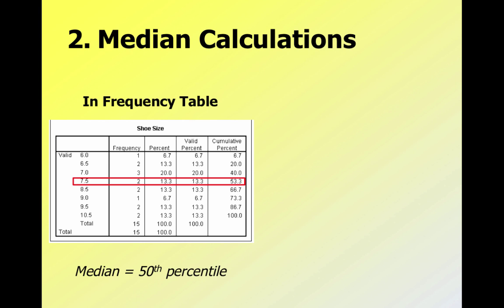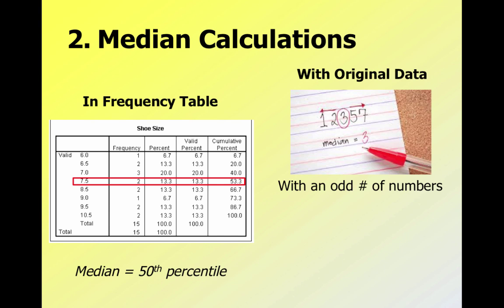So in this case, our median is 7.5. Notice when we refer to the median, we're actually talking about the actual response, which in this case is 7.5. We do not say that the median is 53.3. That's just the percentile that corresponds to the median.